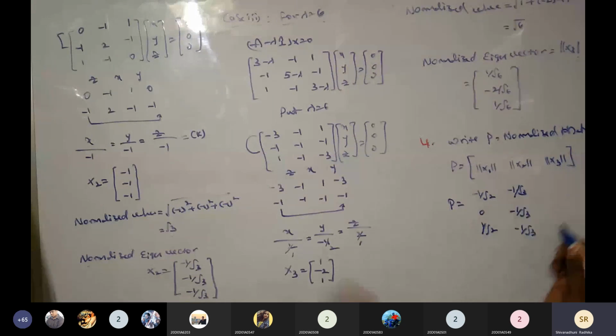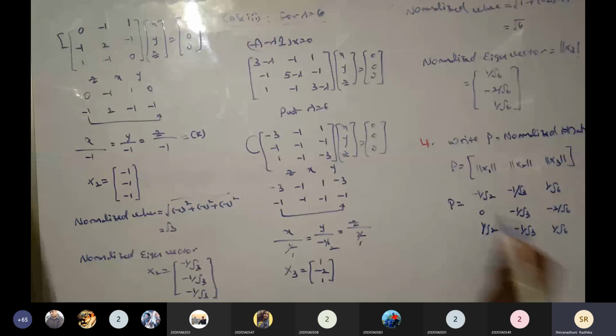Next, the third eigenvector is 1 by root 6, minus 2 by root 6, 1 by root 6, which gives capital P.